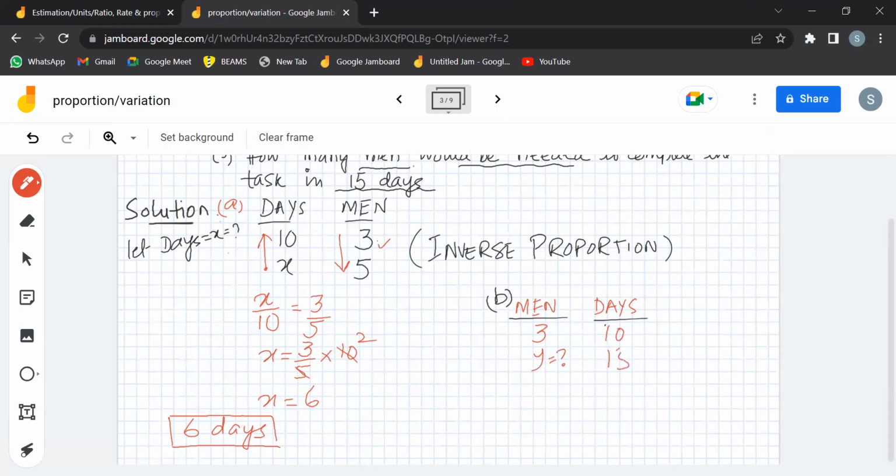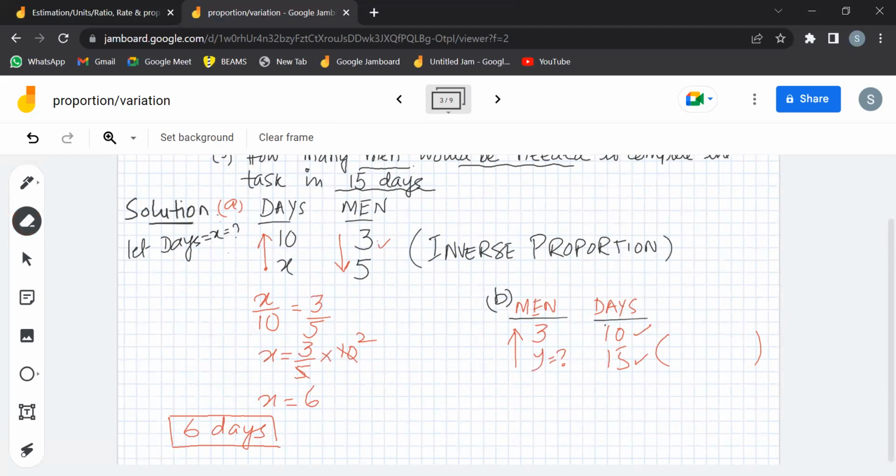15 days. Again, from the variable, draw the arrow towards the other end and decide. Obviously, this is the case of inverse proportion. If you increase the number of days from 10 to 15, so if you want to complete that task in 15 days instead of 10 days, we need less labor.